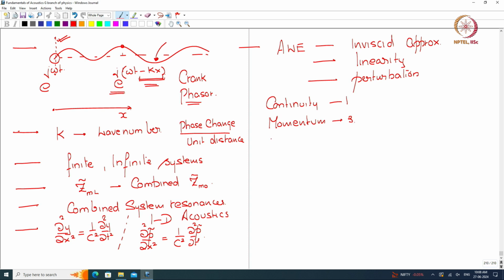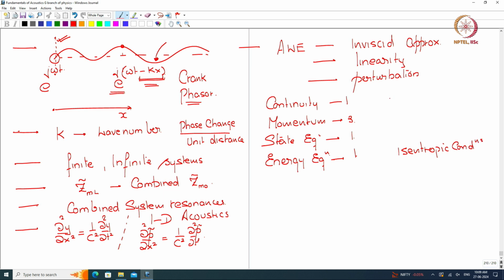Then we use the state equation, which is 1 equation, and we use the energy equation under isentropic conditions.